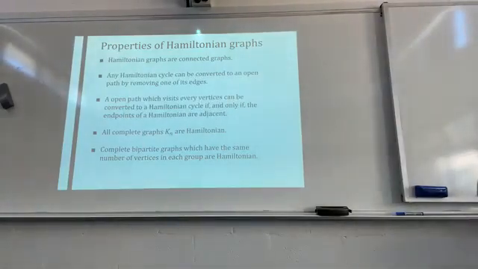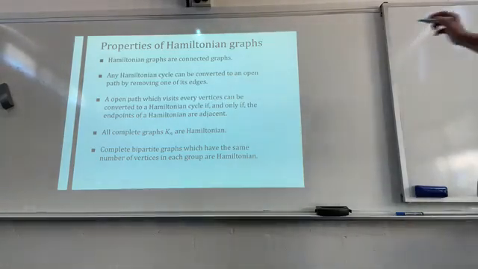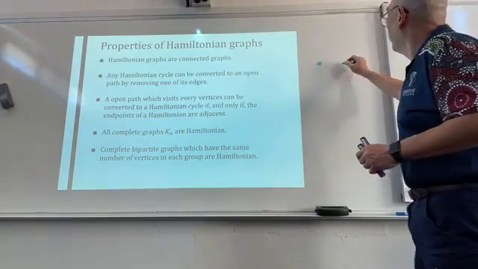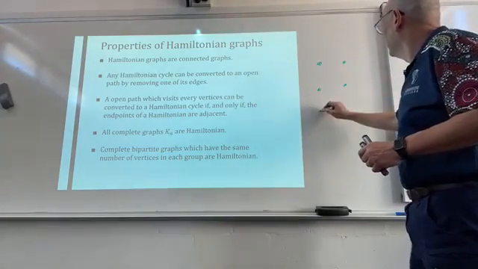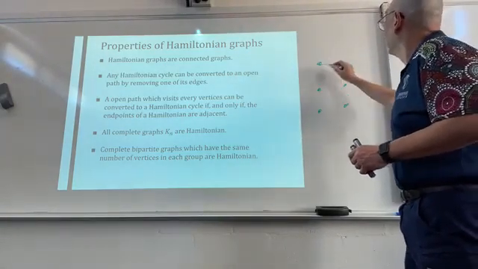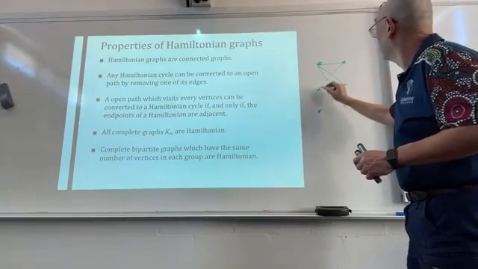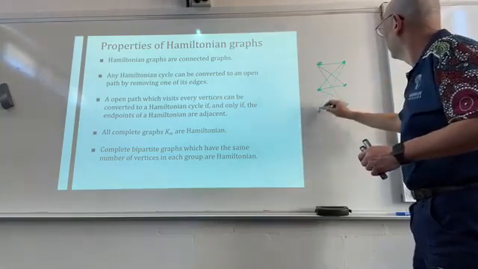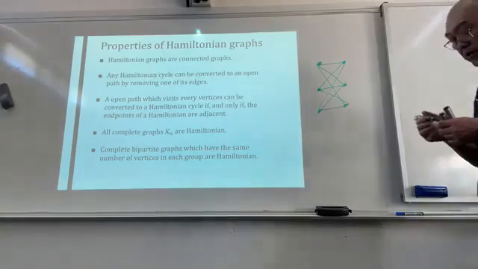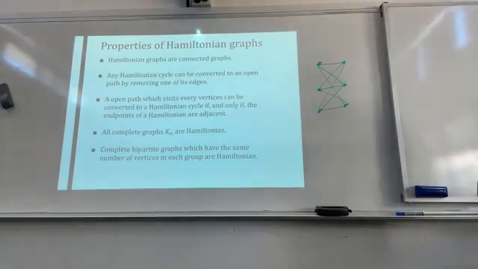Now, all complete graphs, Kn, are Hamiltonian. Complete bipartite graphs which have the same number of vertices in each group are Hamiltonian. Right, remember your bipartite graph? So if you've got that, the complete bipartite graph, you can see that it will be Hamiltonian.